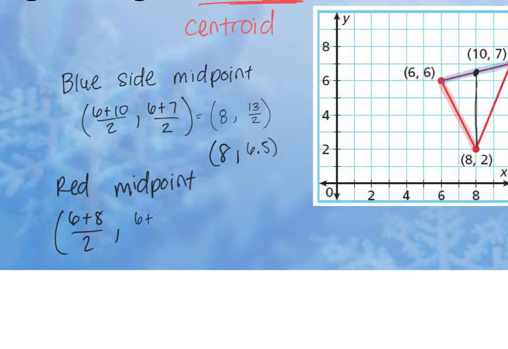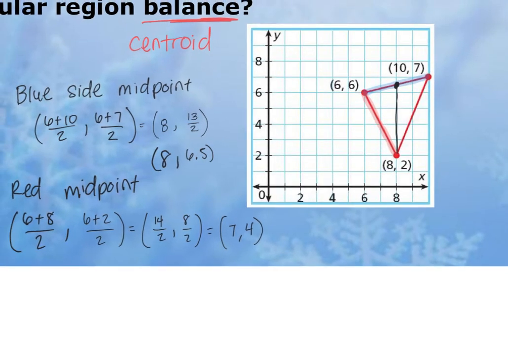Very good, Teresa. What's my midpoint? 14 over 2 and then 8 over 2, right? Which is 7, 4. Good. So let's find 7, 4. Here's 7 units, up 4. Beautiful.